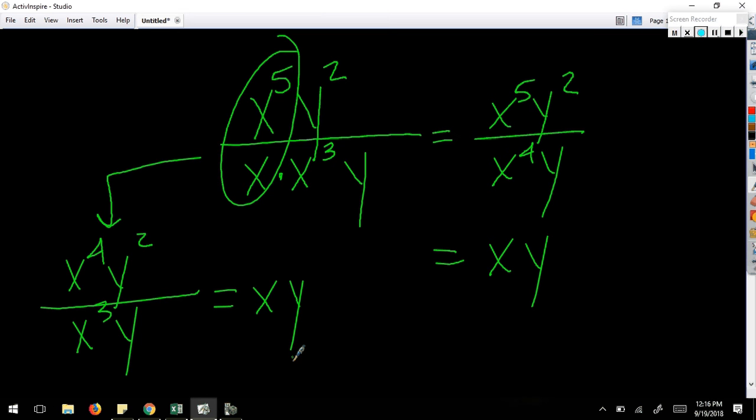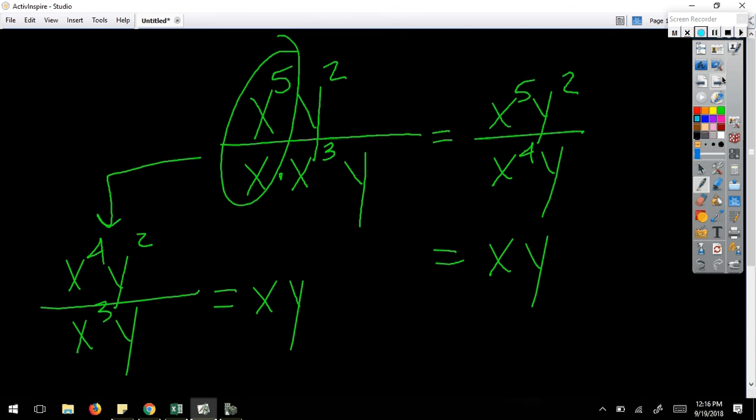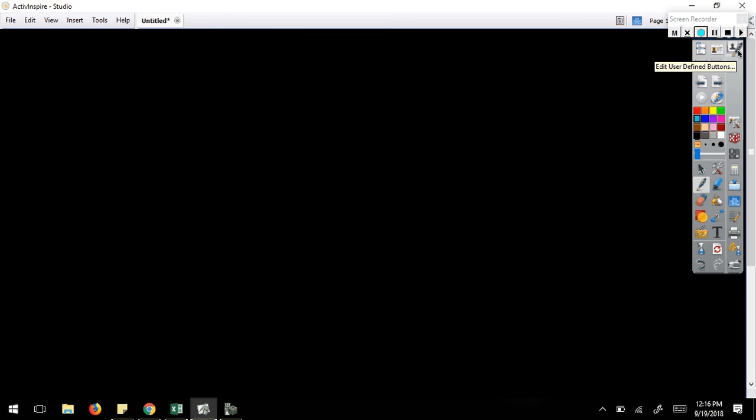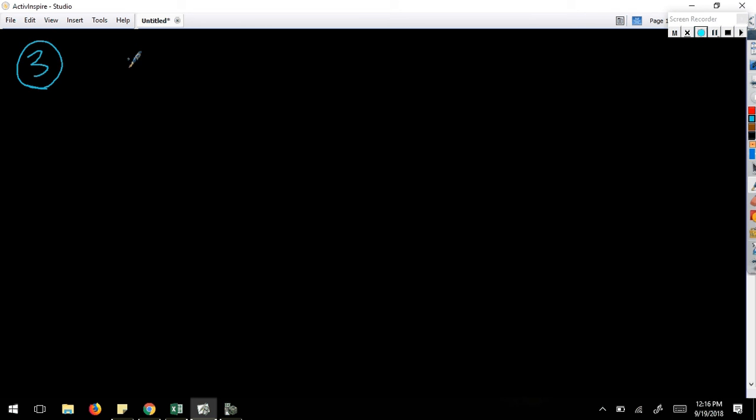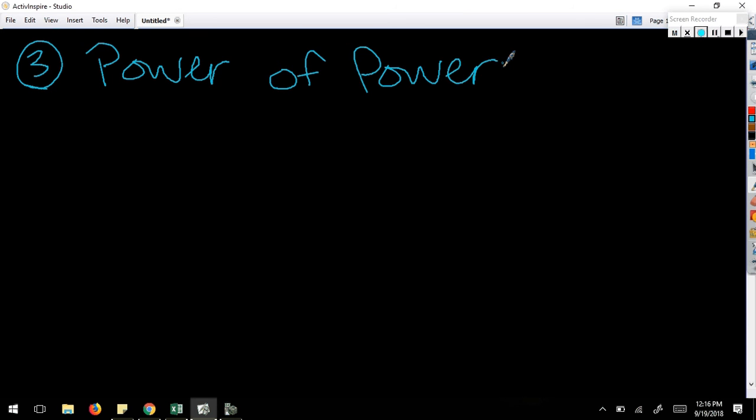Okay. Property number, what number are we on? 3. Okay, we've done product of powers. We've done quotient of powers. Let's do power of powers. This is whenever I have something that already has an exponent on it, and I raise it again.